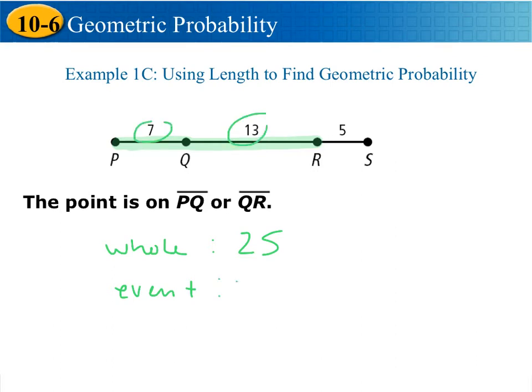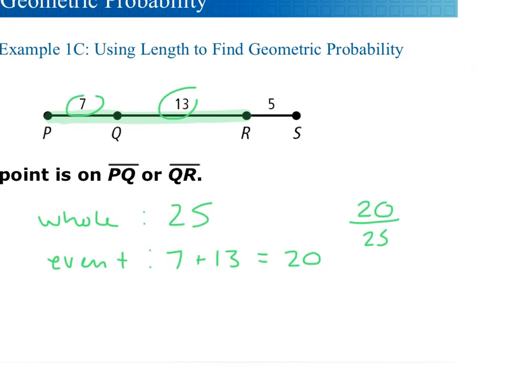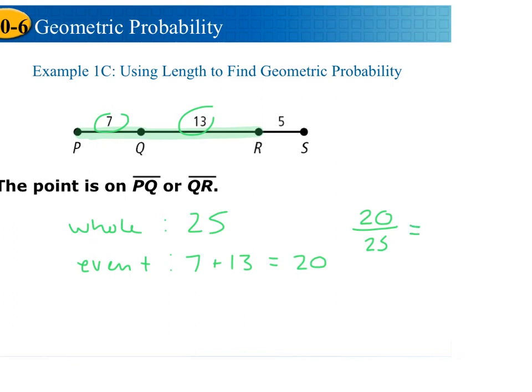So our event is going to be 7 plus 13, which is 20. So now we divide our event by the whole thing, and we simplify this. So 20 divided by 25 would be 4 over 5. And so our probability is 4 out of 5 that our point is on PQ or QR.